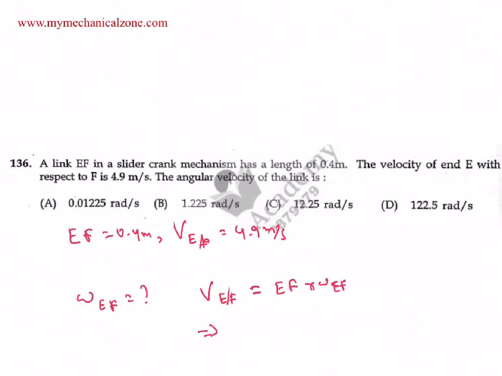We have to calculate omega EF. So omega EF equal to V by r, 4.9 by 0.4, or 49 by 4, it's 12 point something. So from option C is your correct answer.